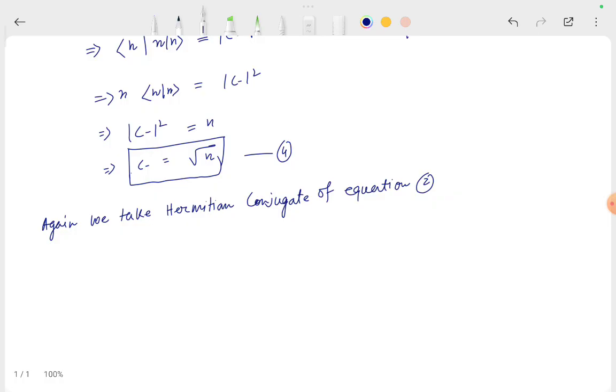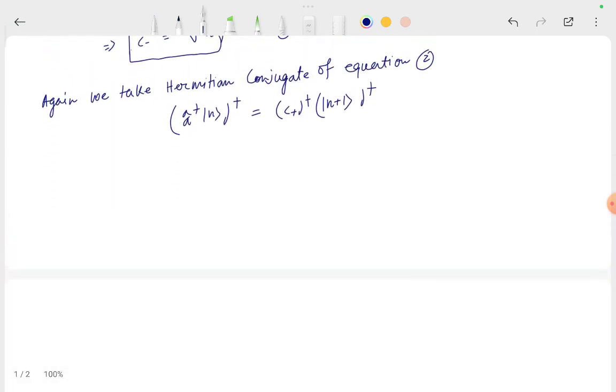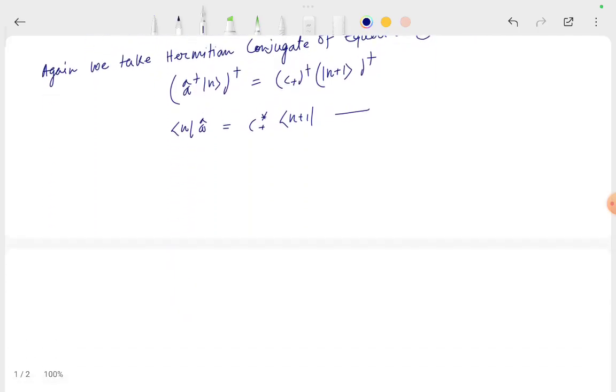So we get a dagger acting on n ket equals c plus times (n plus 1) ket, and taking the dagger, it gives you <n|a equals c plus complex conjugate <n plus 1|, and this is equation number 5.